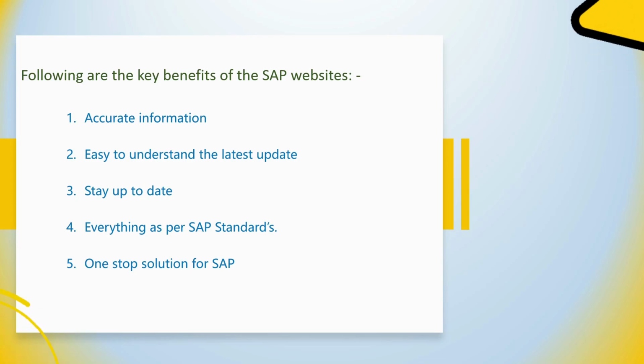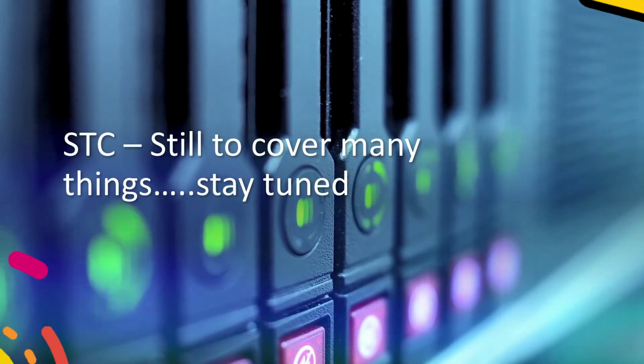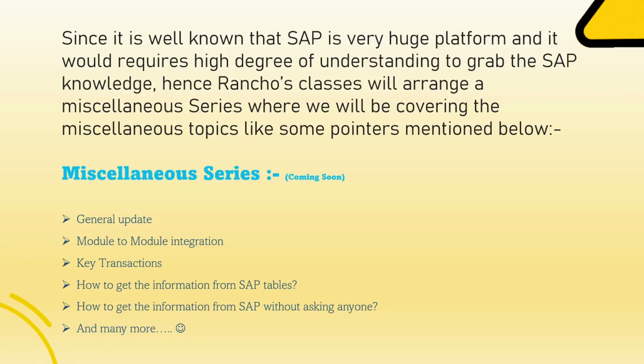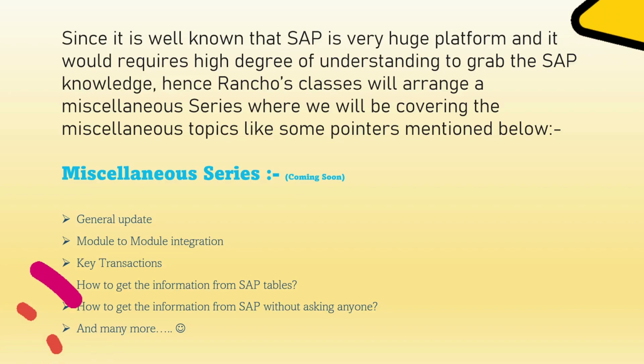Now, it is time to announce my miscellaneous series. If you learn a dedicated module, SAP MM, SD, PP, or any other module, there are some key topics which might not be part of those routine classes, like how we can explore the tables, what are the positive tricks where we can extract the data without asking anyone, what kind of T-codes we can remember.